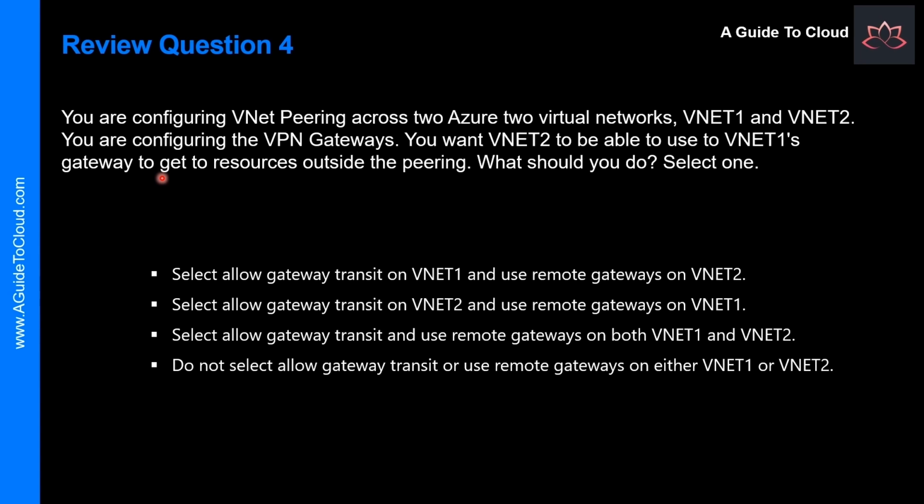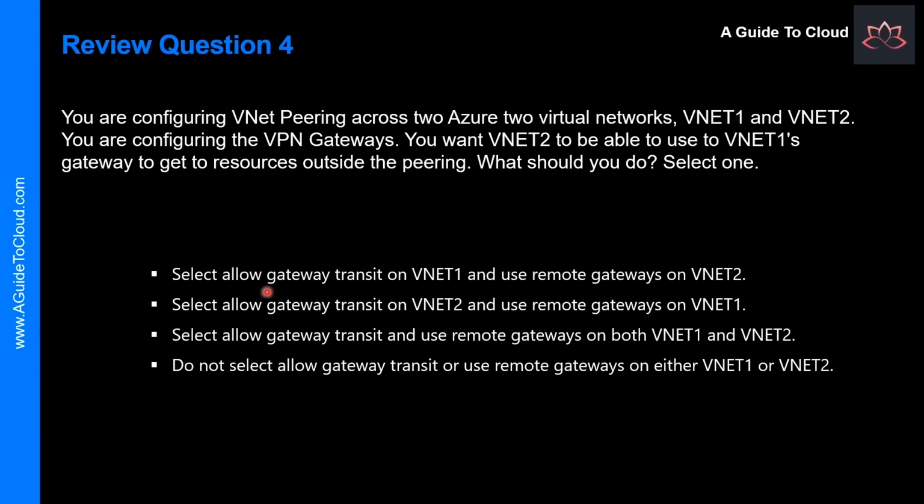So I'm going to read out the statements from below to see if that makes any sense. Do not select allow gateway transit to use remote gateways on either VNet 1 or VNet 2. Not the right answer. And we have select allow gateway transit on all three answers.